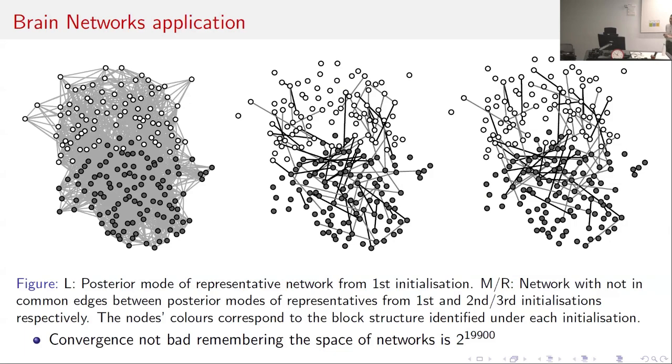And these are the results from the 3 different initializations. But let me explain what each of these networks represents. So the first network here is a posterior mode from 1 million iterations under the first initialization of the MCMC. So the posterior mode of the network representative, where we can see all the connections.